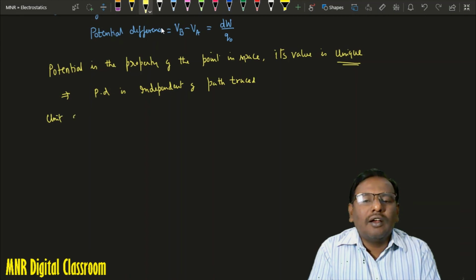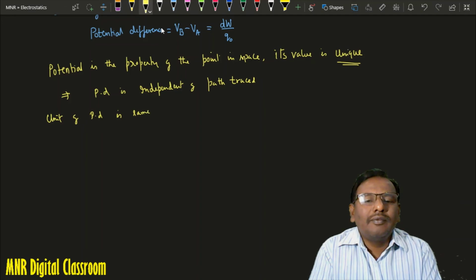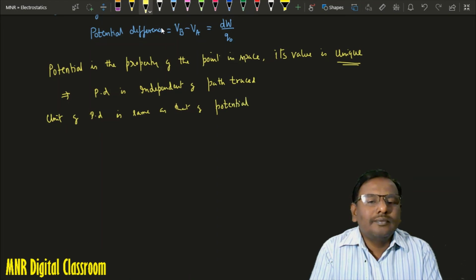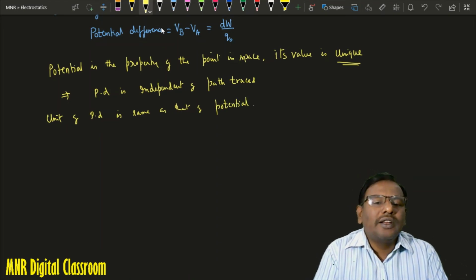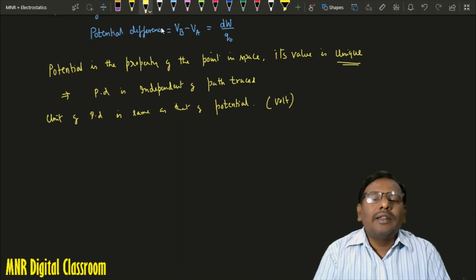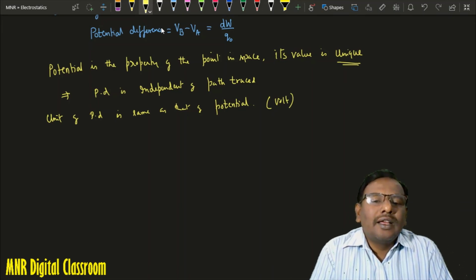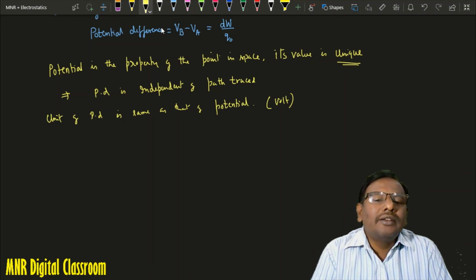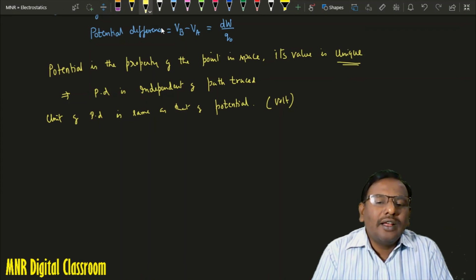The unit of potential difference is the same as that of potential. Both are measured in volts. Remember that potential cannot be measured experimentally. The only thing we measure is the potential difference between points.